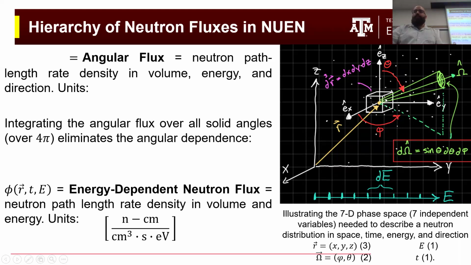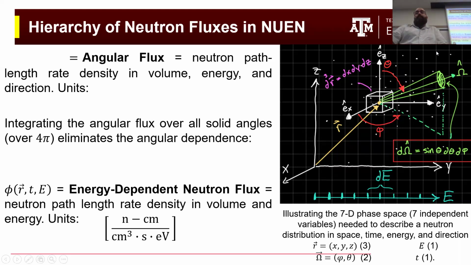The neutrons in this little box could have a range of energies. If we think about an energy axis, these neutrons have some little energy dE, and they might be moving in some particular direction omega. This omega is the unit direction vector that points which way those neutrons happen to be moving.